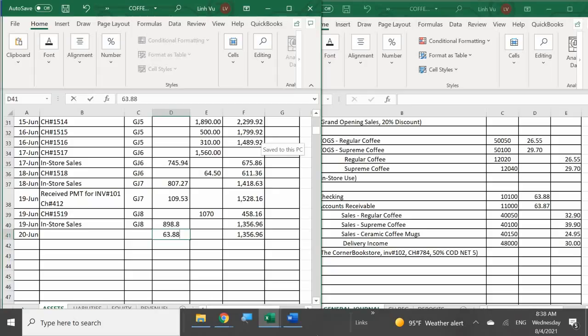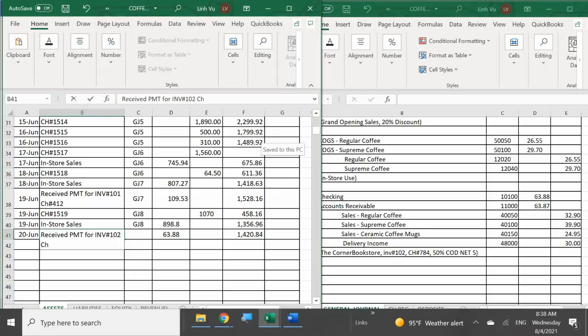I'm sorry, let me make my screen bigger. I can barely see. Okay. Right there. What would my note be? The check number. I'm going to make this a little clearer so it doesn't look like I wrote a check out, so I'm going to say I received payment for invoice number 102.